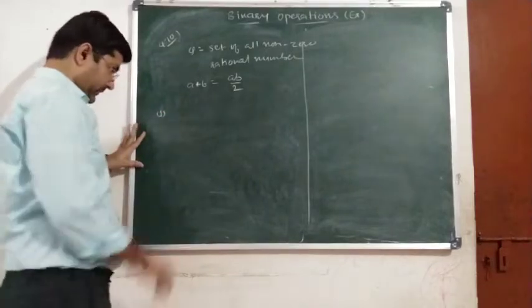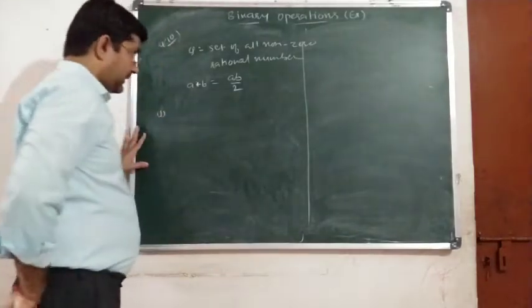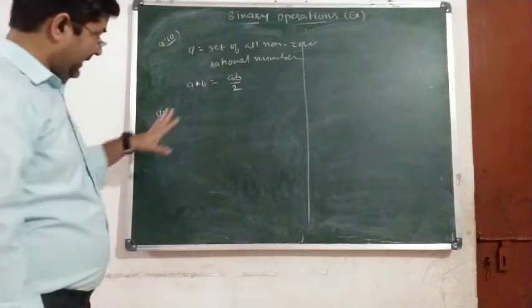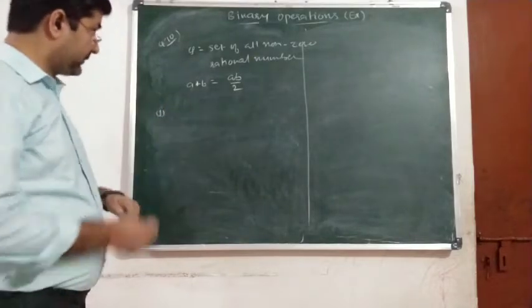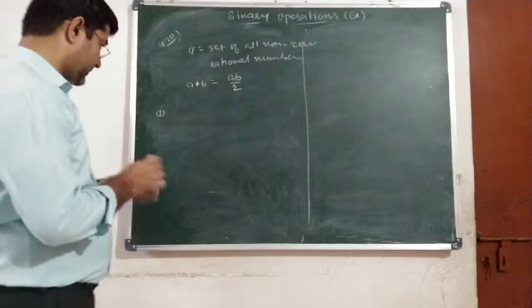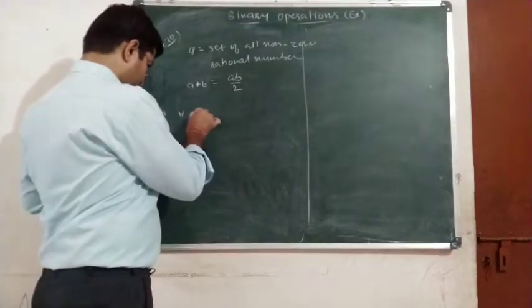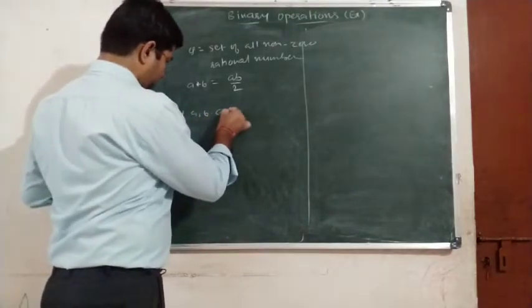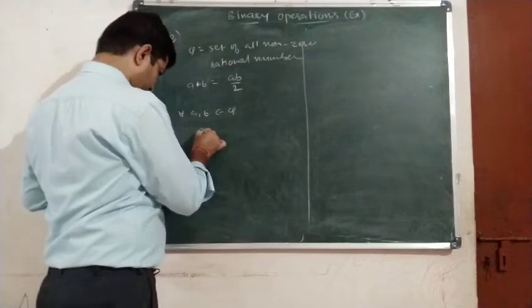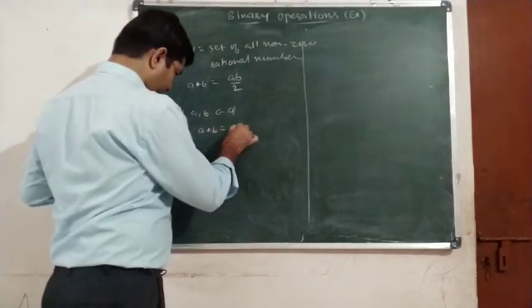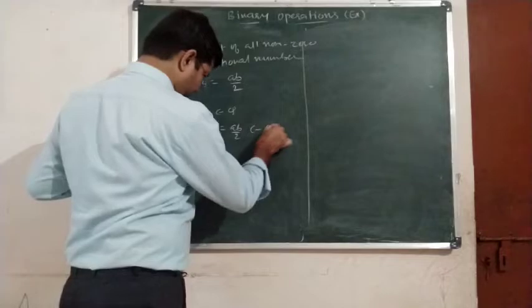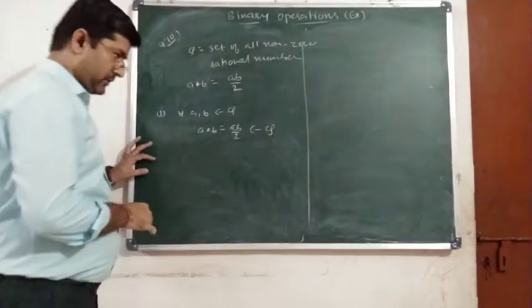Let us take the first one, and check whether A asterisk B is binary or not. Okay, so it is quite easy. For A and B belongs to Q, A asterisk B is equal to AB by 2 belongs to Q only. Yes or no?